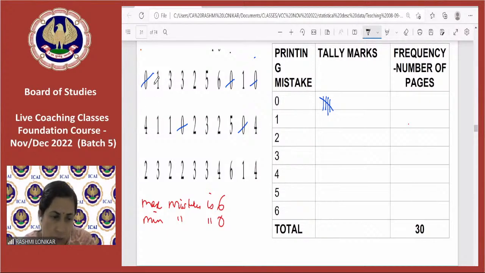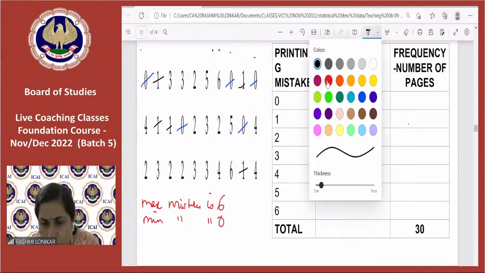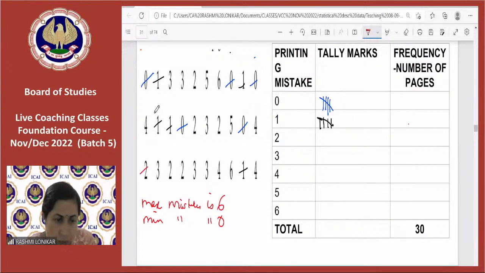So this is 1, 2, 3, 4, and 5. Okay, so 1, 2, 3, 4, and 5. Then let us go to 2. 1, 2, 3, 4, 5, 6.